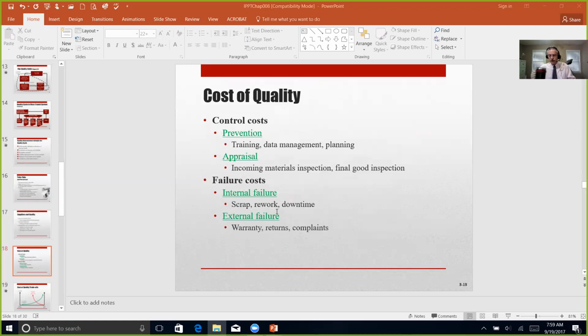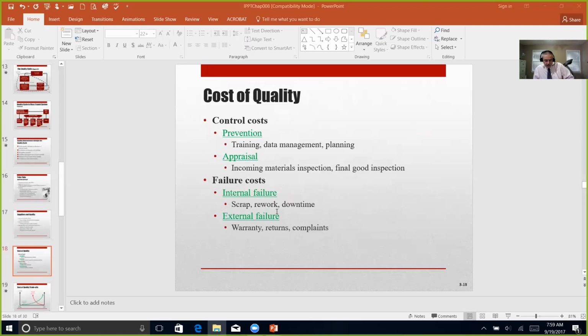How well they perceive the quality of that product or service being offered. Okay, over on page 173, talking about the cost of quality and the financial performance. In the area of quality, it is a great concept, great idea to calculate that cost of quality.